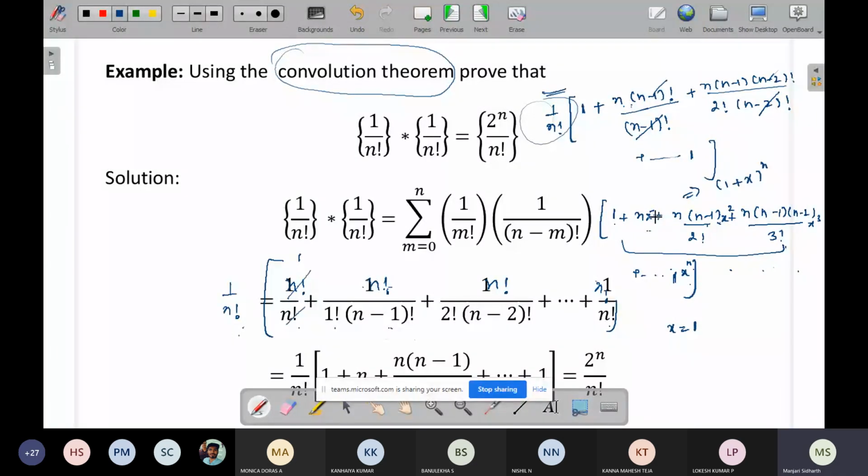If there had been x here, but x is not here, that means the x value is 1. So you will get 1 plus 1 power n, that means 2 power n, using the binomial expansion, over n factorial. So this you have proved. This is your proof. It is important.